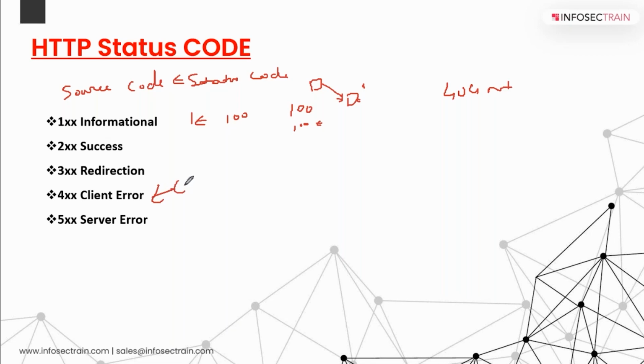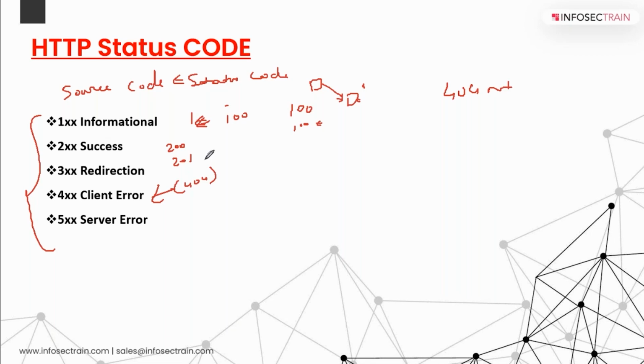These are the list of it. The one starting with 100 is informational, which means your request is in process. Second, starting with 200, means success. It means the action was successfully received, understood and accepted.